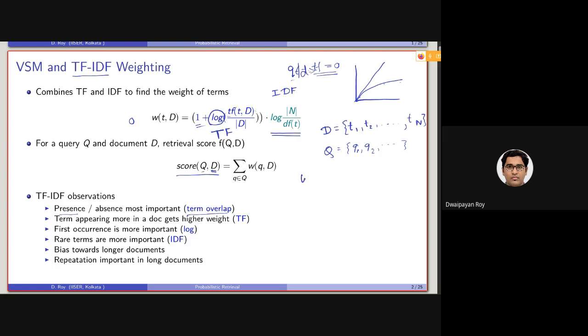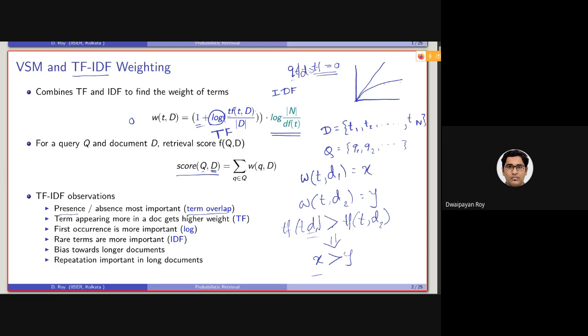So the weight of the term in say D1 will be something, say X, and the weight of the term in D2, say Y. Of course, if the term frequency of the term in D1 is greater than the term frequency of the term in D2, then we should be assigning more weight to the first document, that is D1.